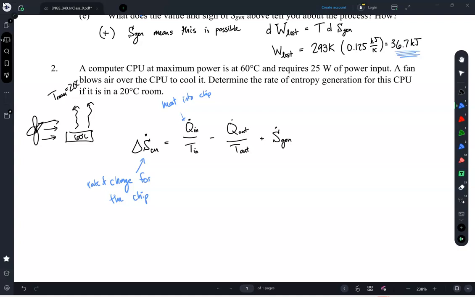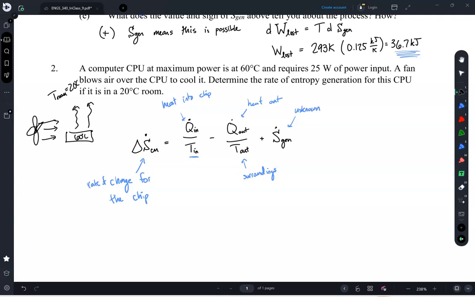So it's electricity. Heat and electricity, those are different things. This is specifically talking about heat. It would have to be flowing in from someplace hotter. That would be the T in that you see down here below. That's not happening in this particular case. What's happening is the CPU is being cooled, so heat is flowing out. So this is heat out, and this is the surroundings, or the place where that heat is ending up out in the room at 20 degrees C. This is our unknown.